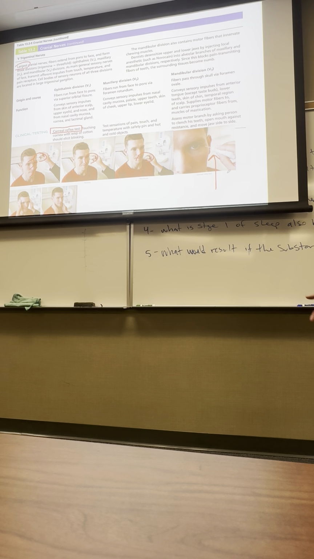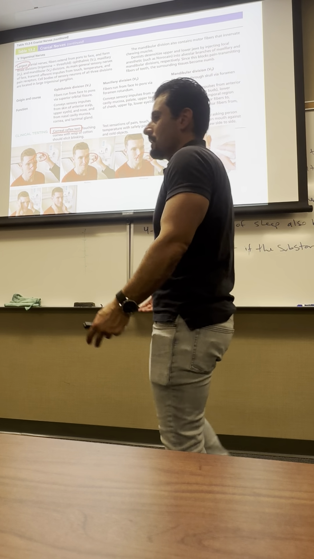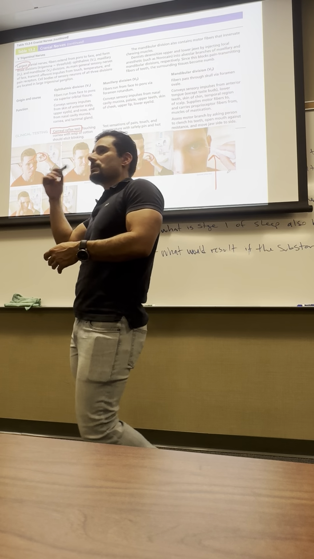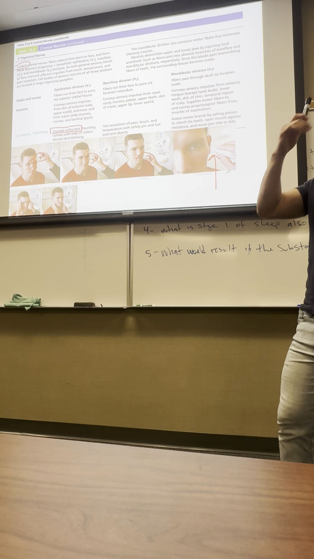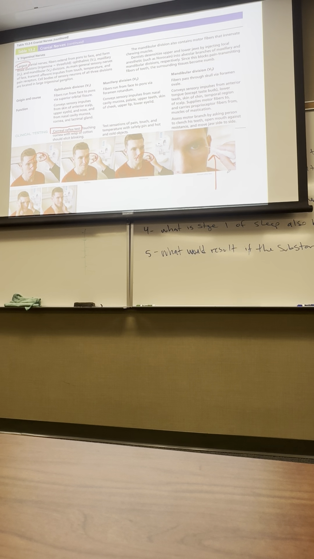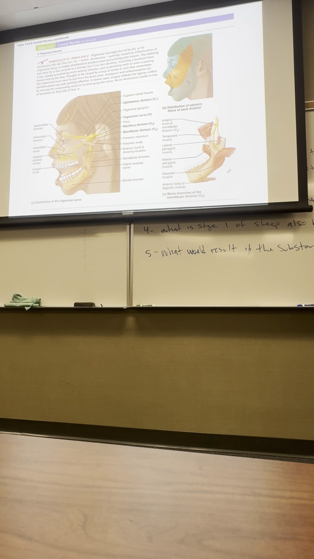I do want you to know there's a sensory aspect to it, and you can feel the 3 divisions, because it's divided this way. Up here it says V1, V2, and V3. That's a sensory division, and a motor division, basically. You can feel along these patterns, so just know it's sensory there.